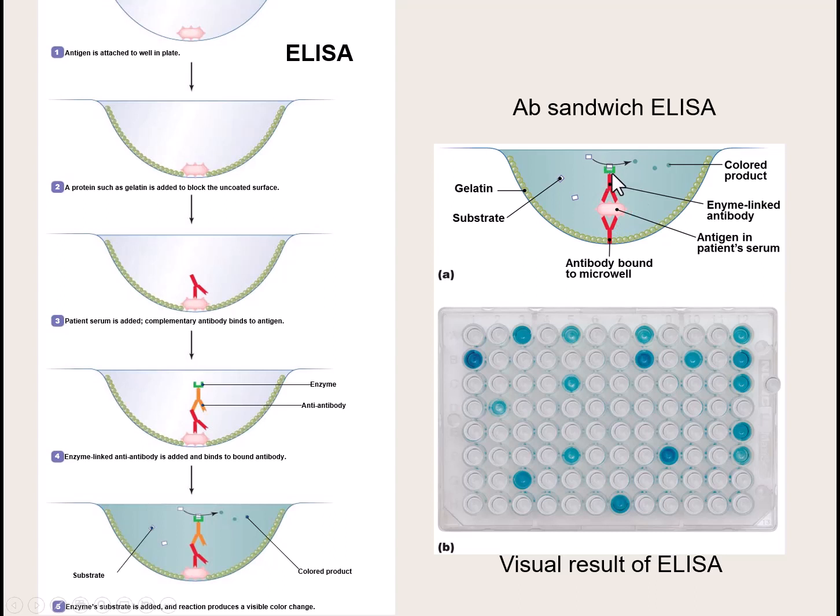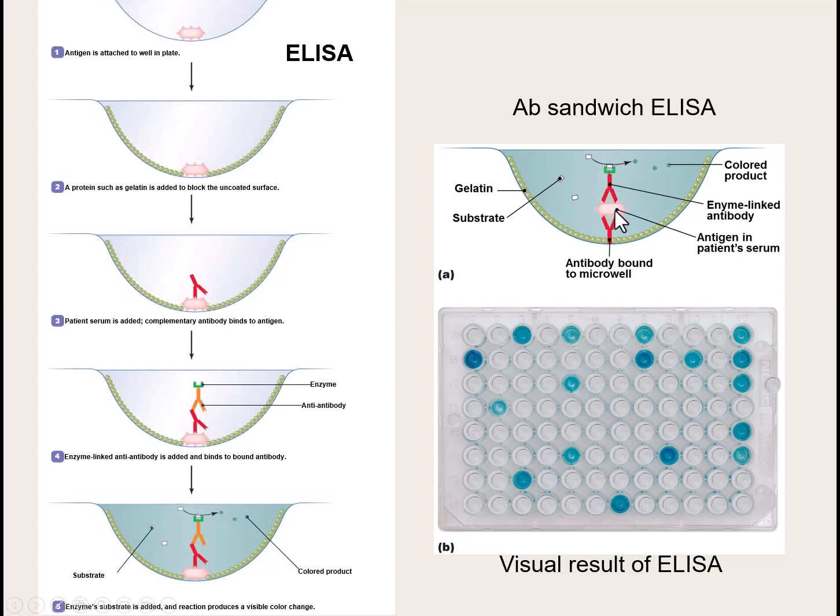Because this patient had chickenpox, it's stuck to this antibody, and this antibody is going to see it attached as well. So we've made a little sandwich of antibodies: an antibody that we know binds to chickenpox, and an antibody that we've enzyme linked that also recognizes chickenpox.